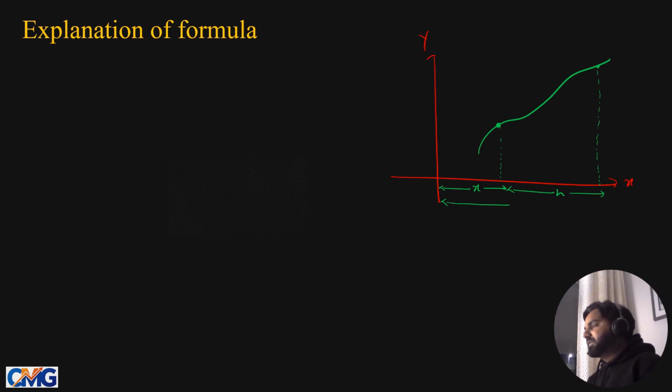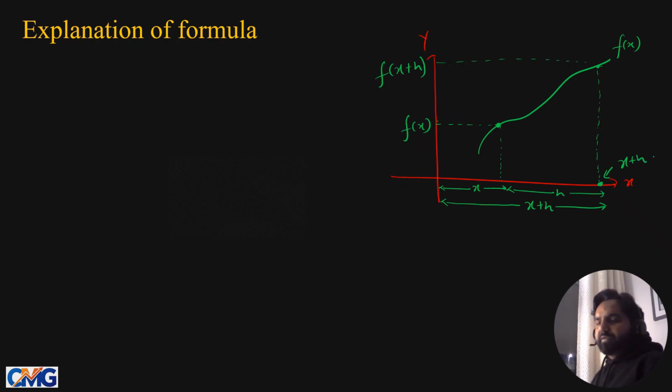So if you take this total distance, it will be h plus x. Okay. Now if your input is x and the function is f of x, then this y value will become f of x, and this y value will become f of x plus h, because input for this one is your x plus h.